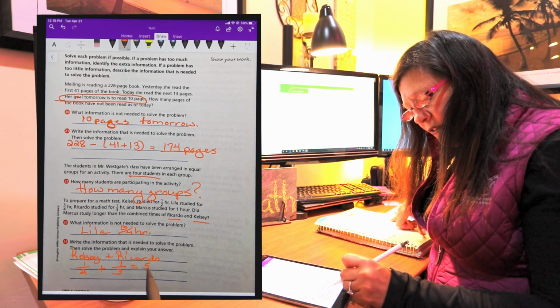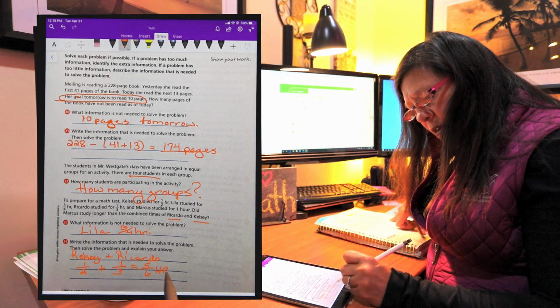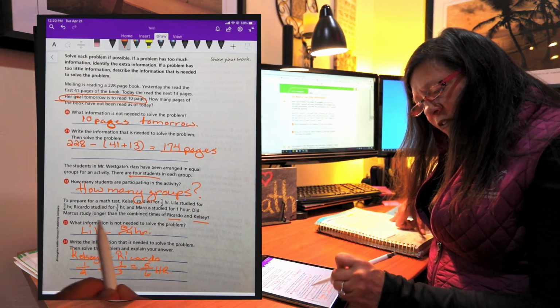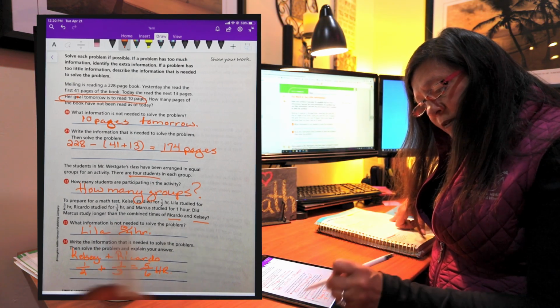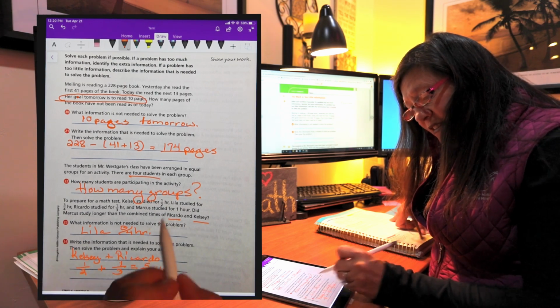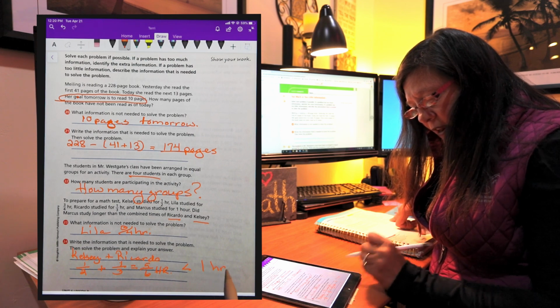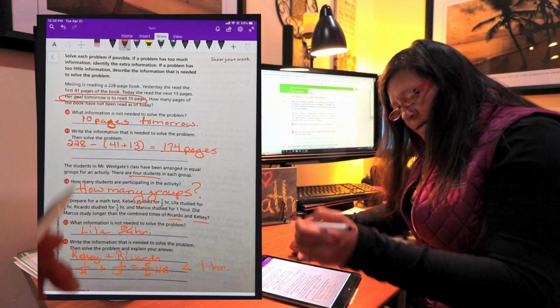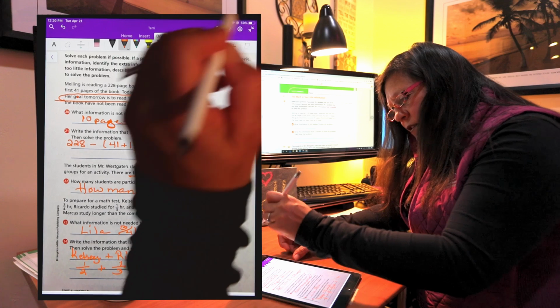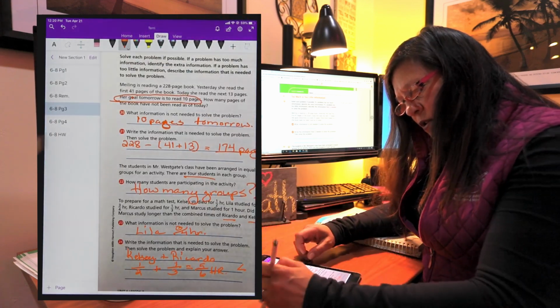And that's 5/6 of an hour. Did Marcus study longer than the combined times? Yes, he did, because he studied for an hour, and 5/6 of an hour is less than an hour. Okay? All right, moving on to the next page.